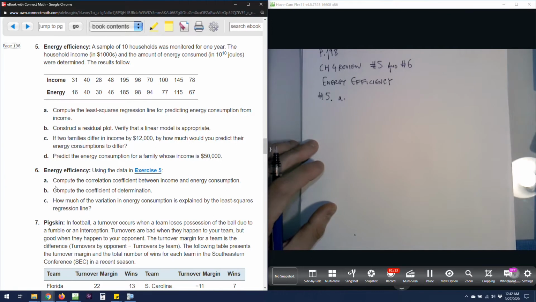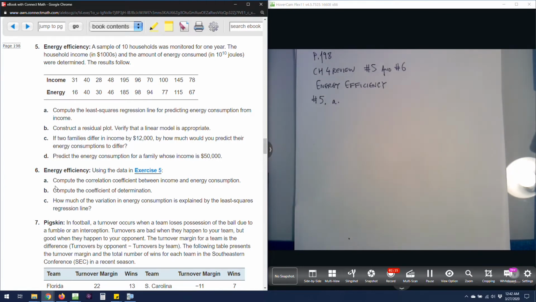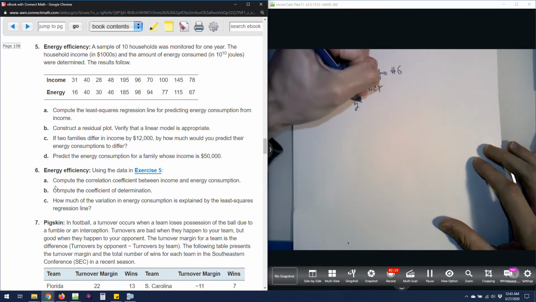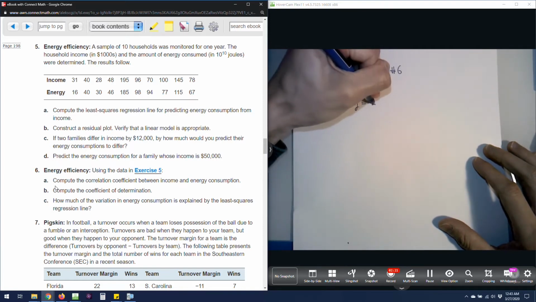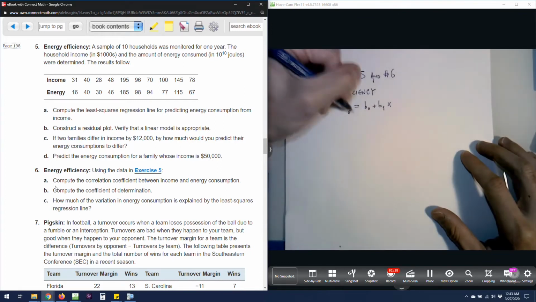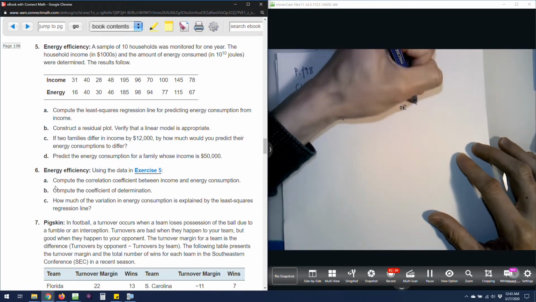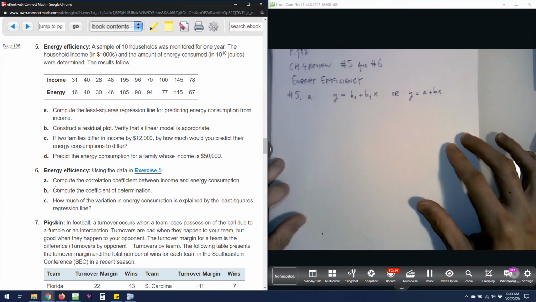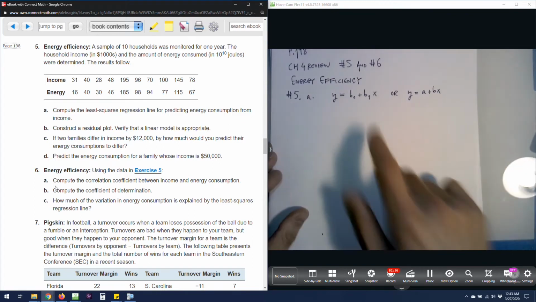So we want to figure out that y equals b0 plus b1x, this equation here, or y equals a plus bx. Depending which format you want to keep with, this is what our book does.